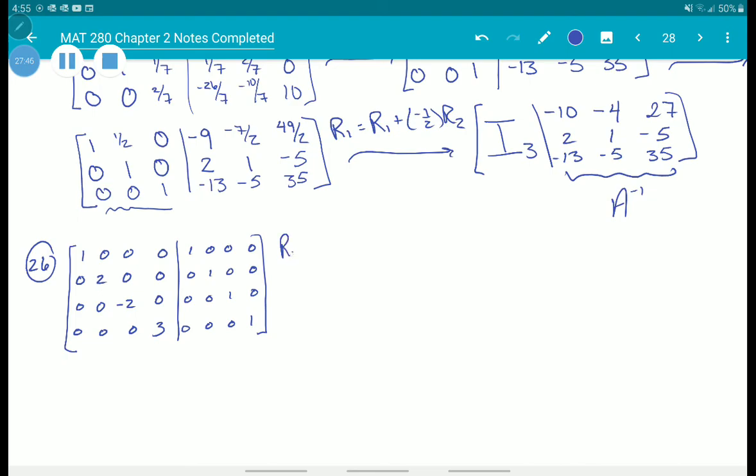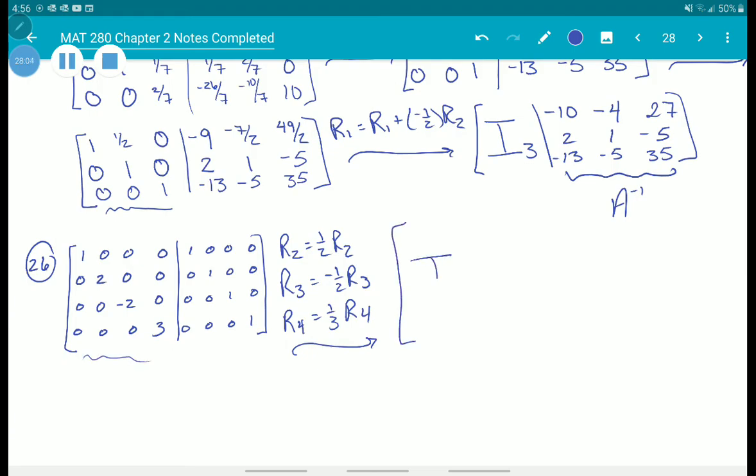Row 2 would be 1/2 row 2. Row 3 would be -1/2 row 3. And then row 4 would be 1/3 row 4. So if we were to perform all those operations, we'll end up with the identity for 4x4 on the left.